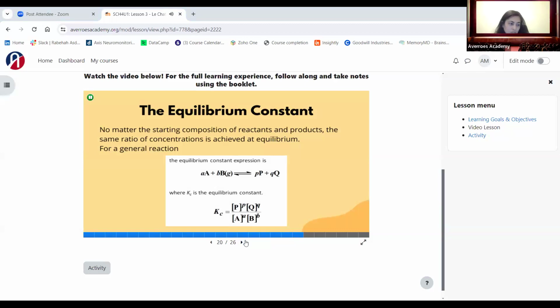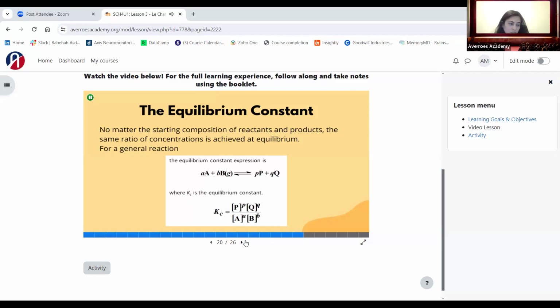So for a general reaction, the equilibrium constant expression you have is little a, some coefficient of A, your first reactant, plus little b, some coefficient of your second reactant B, yields little p P plus little q Q, whatever the coefficients or the ratios are of those.